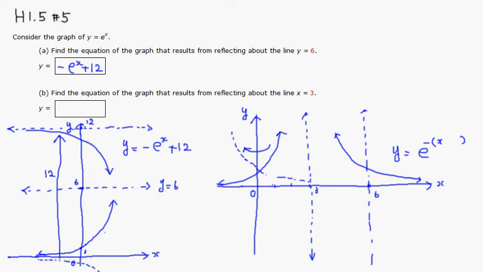Then you have to shift 6 units to the right, so you have to put the minus 6, right? So that's how you get the graph of this. So therefore this is going to be e to the negative parenthesis x minus 6, right? I hope this was clear.